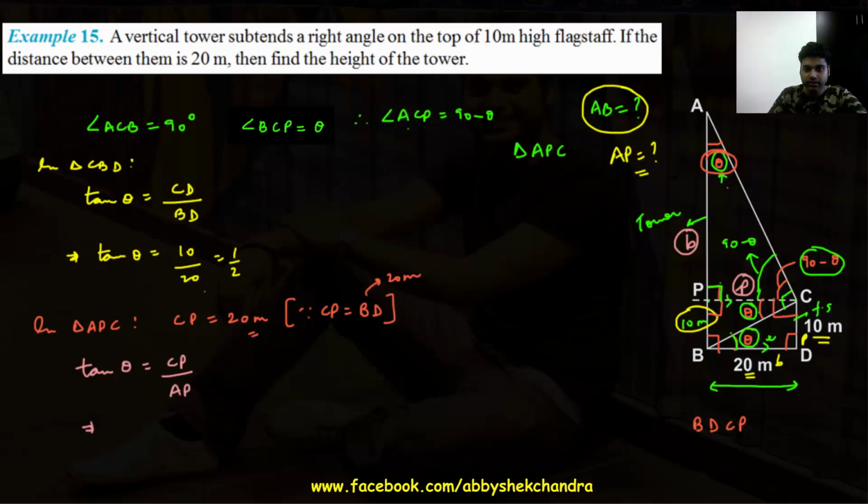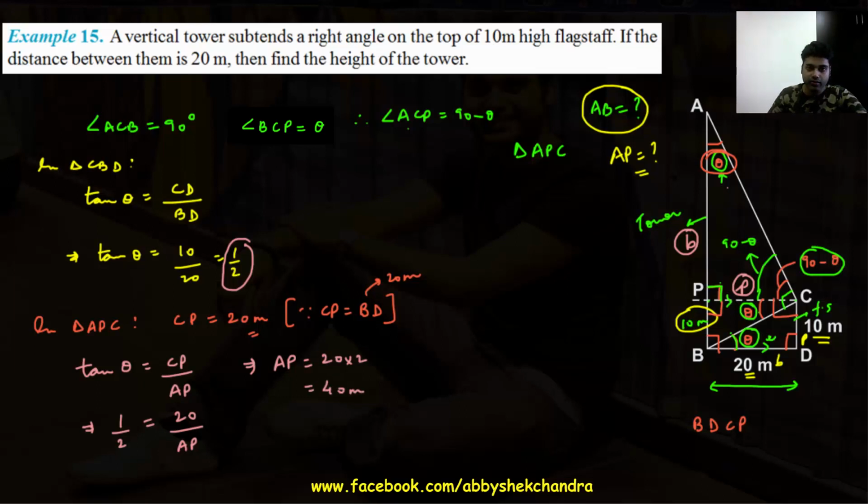Tan theta we have already calculated, and it is the same theta. If theta is the same, tan of theta will also be the same. So tan theta is half, CP is 20, and we need to find AP. Cross multiply, this gives AP equal to 20 into 2, equal to 40 meters.